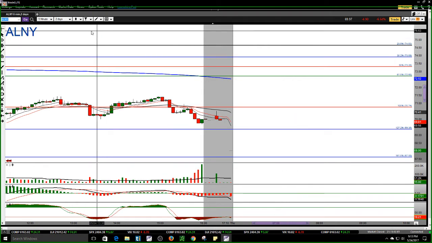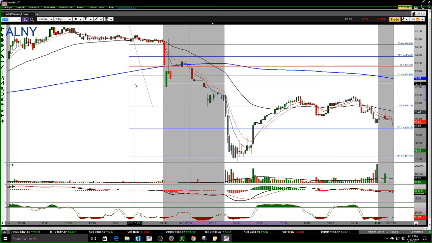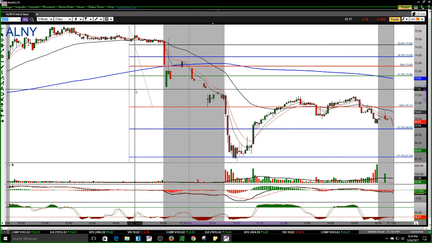And so when I'm looking for a Fibonacci retracement, when I'm looking for a chart to consolidate, to give back, to pull back, I want to see 50%. And that's kind of the number that I'm going for, and I just kind of eyeball it sometimes.